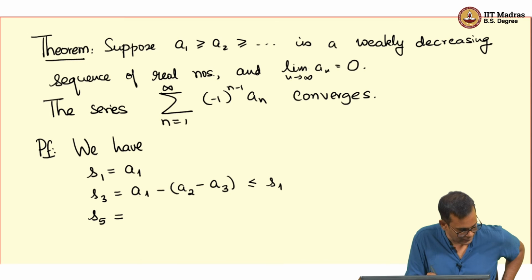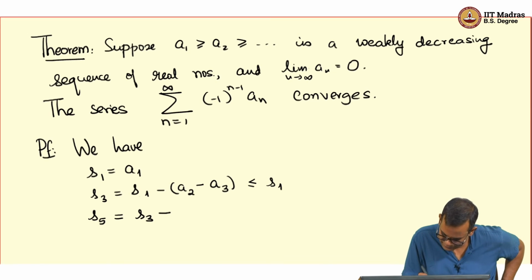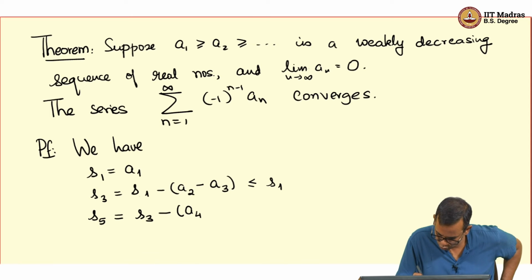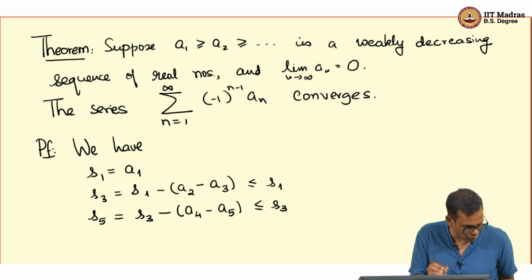S5 is equal to, let us see, S3 minus a_4 plus a_5, which I write as S3 minus (a_4 minus a_5). And this is in fact less than or equal to S3. So, this is the explanation for what we observed.